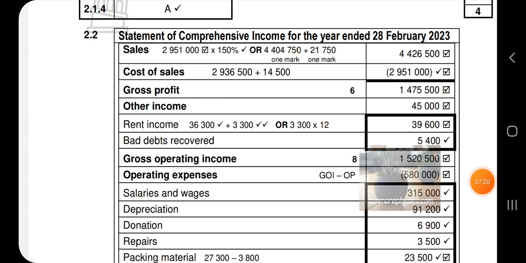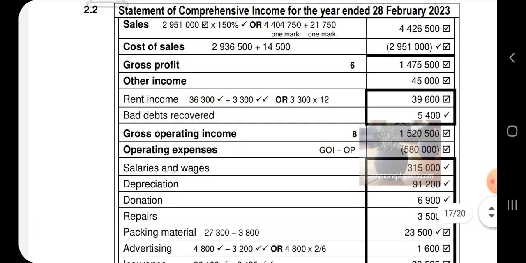The 2,936,500 of cost of sales plus the 14,500 will give you 2,951,000. So you times that by 150%, 2,951,000 times 150 over 100, and that will give you 4,426,500 rand. So that is how you will calculate it.